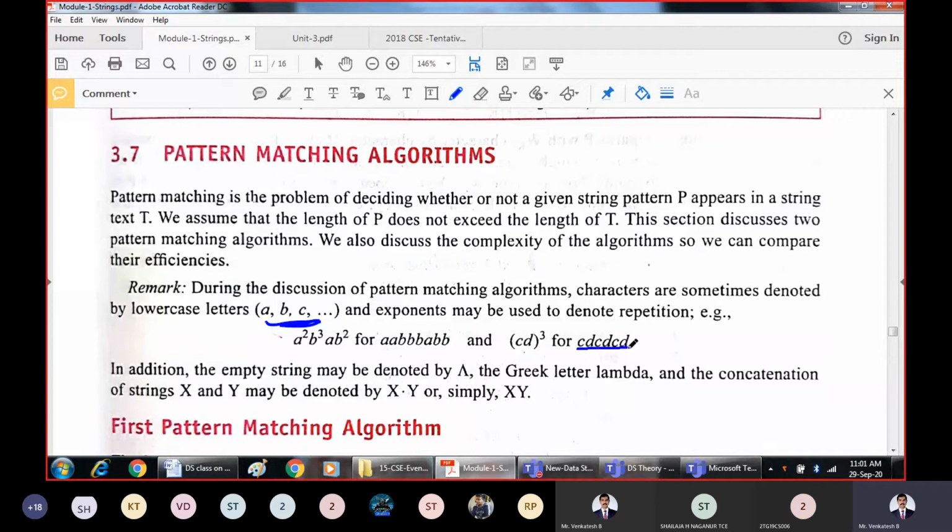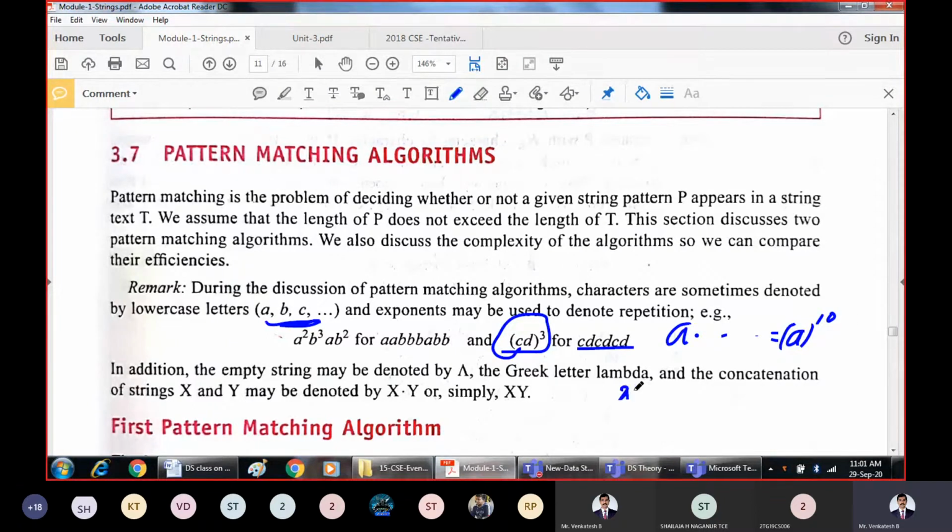Say, for example, cd, cd, cd is repeating three times. That is represented as cd raised to 3, meaning cd three times. One more example: if a is appearing 10 times, you can write it as a raised to 10.